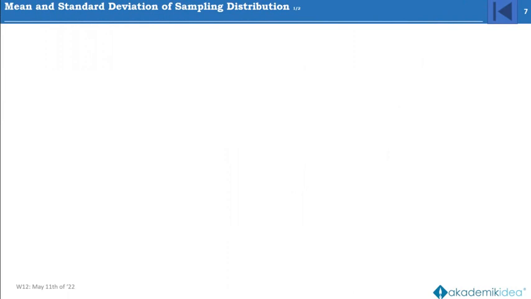The following theorem enables us to infer the mean and standard deviation of the population from the mean and standard deviation of random samples of size n.